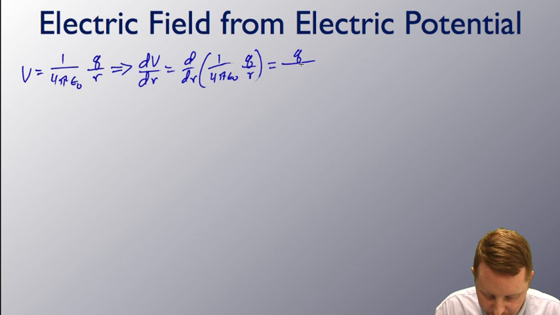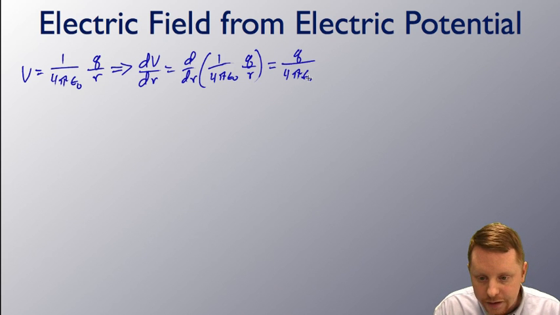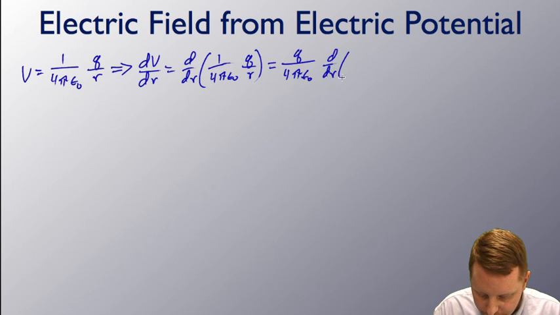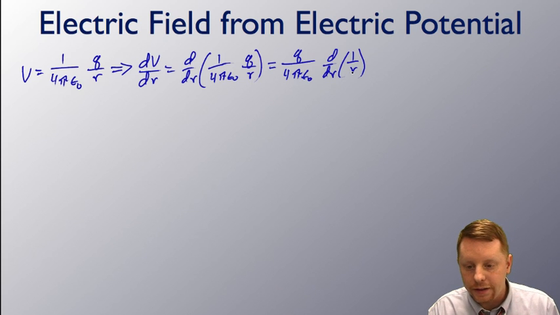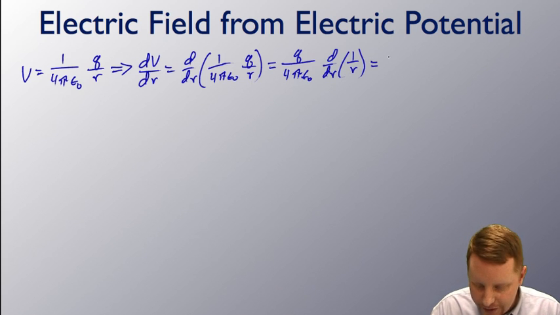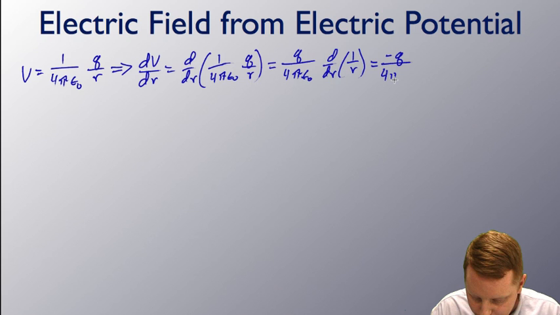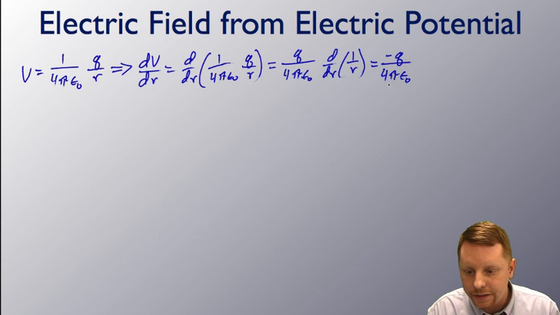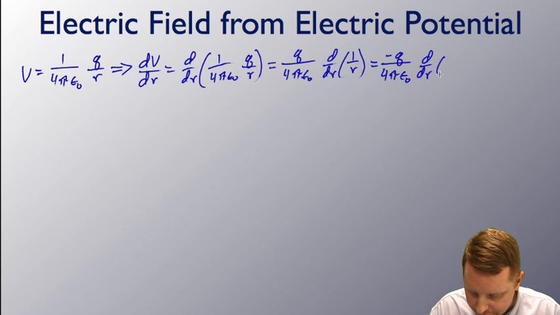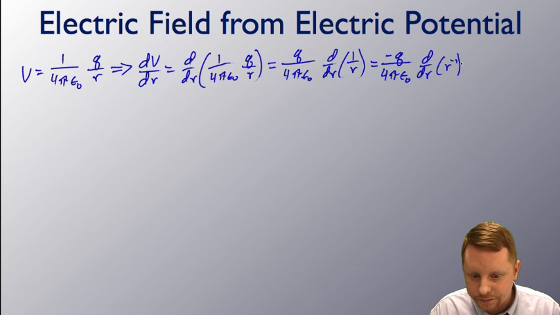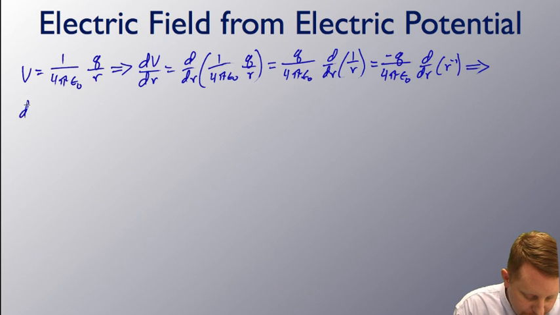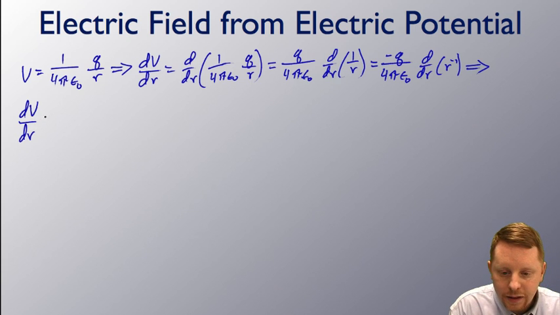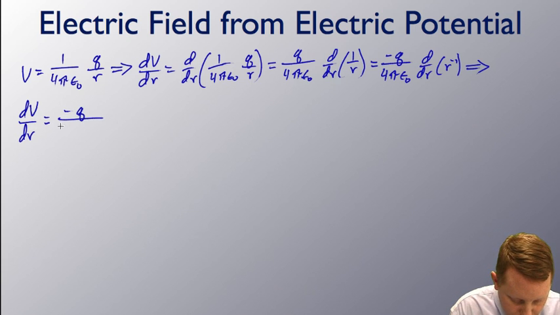It's a constant. And then I get the derivative with respect to R of 1 over R, or R to the negative 1. So that's going to be negative Q over 4 pi epsilon naught d over dr of R to the negative 1. Which implies then that the derivative of V with respect to R must be equal to minus Q over 4 pi epsilon naught R squared.